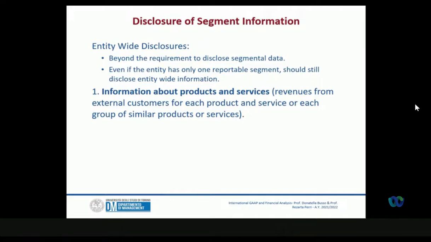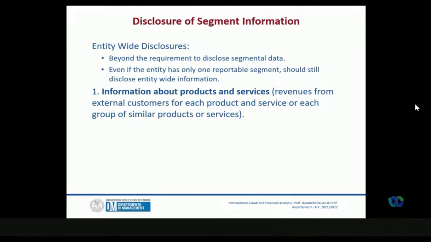Even though you follow that approach to identify the operating segments, when you disclose the entity-wide information, you should give information about the different products or different services that you are offering. And more often than not, you will find in the financial statements of companies the amount of revenue that they are generating from specific products.